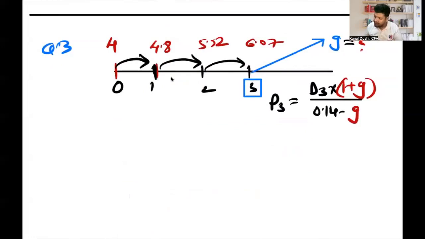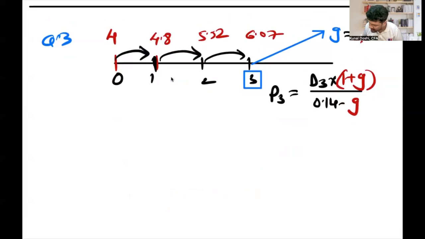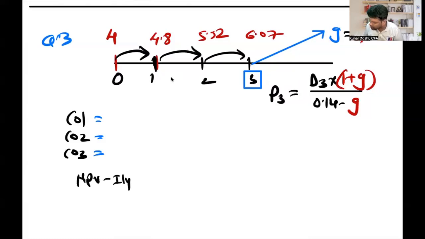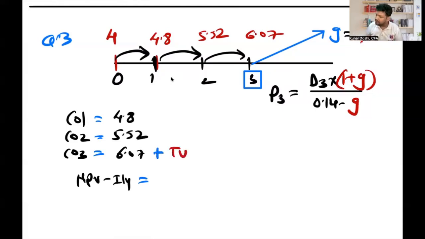Now I have all the dividends. I have in my C01, C02, C03, and my discounting rate is also given to me. My C01 is going to be 4.8, then 5.52, and this C03 is actually 6.07 plus the terminal value.